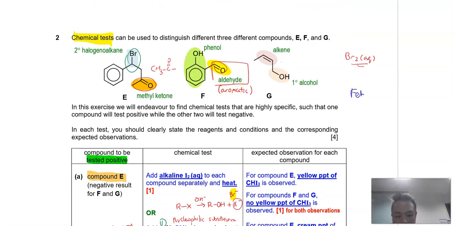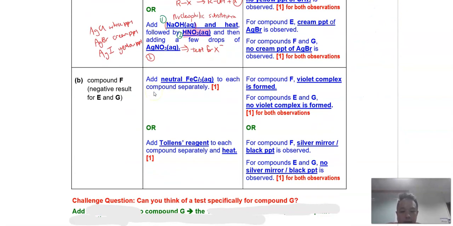Can we do Fehling's test? In this case, Fehling's test will be a no-no. Why? Because Fehling's test tests for aliphatic aldehyde. Okay, so with that, we are done.